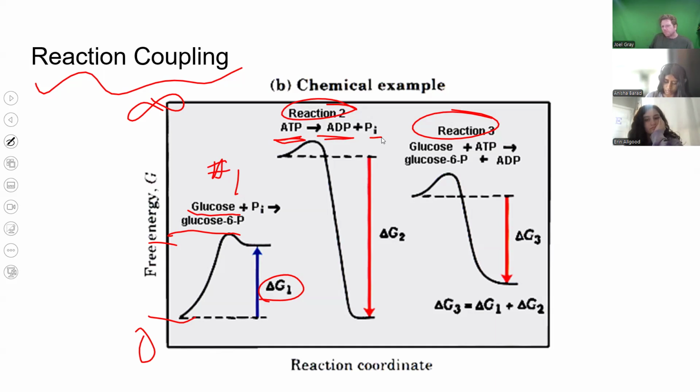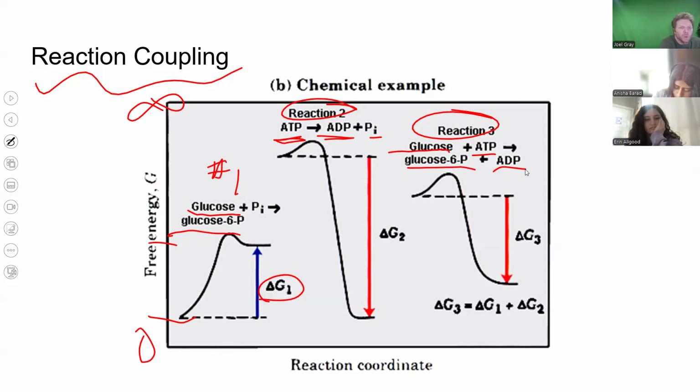So the third reaction among these is glucose and ATP to make glucose 6 phosphate and ADP. What we're trying to see here is a little bit like Hess's law from Gen Chem 1, where you take reactants from reaction number one and reactants from reaction number two.